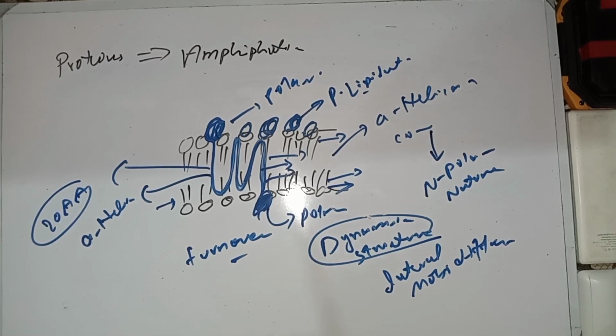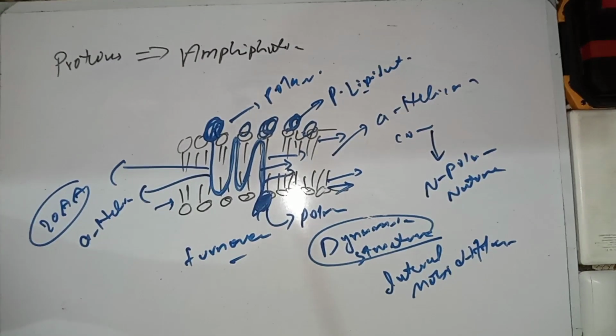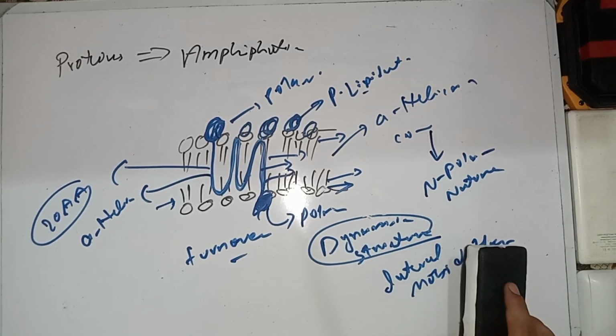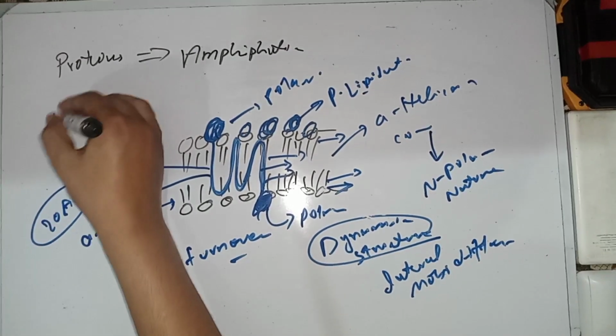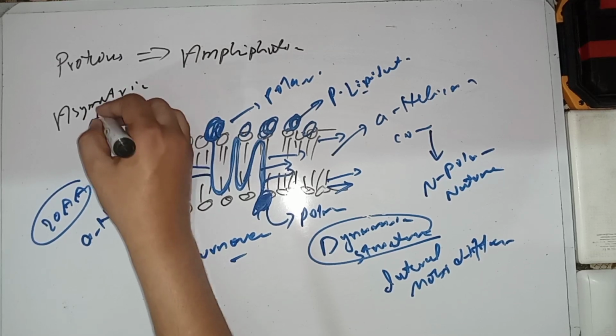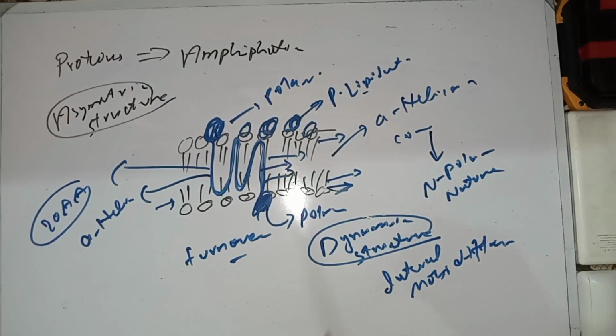Another thing we should know about the membrane is that membrane proteins form asymmetric structures. What does it mean? It means that the internal and outer configuration of the membrane protein are different.